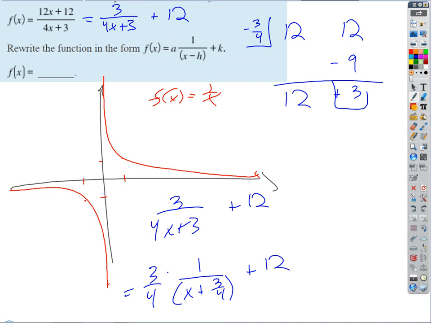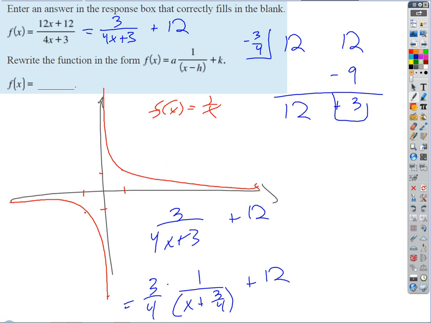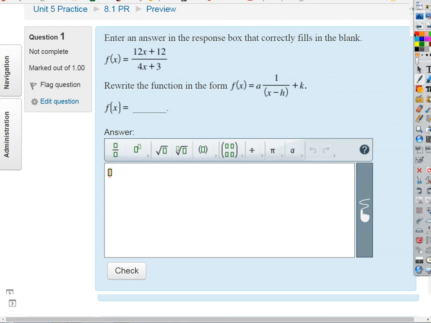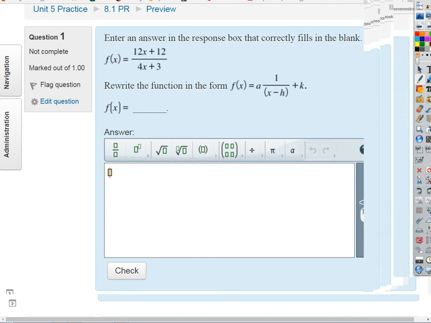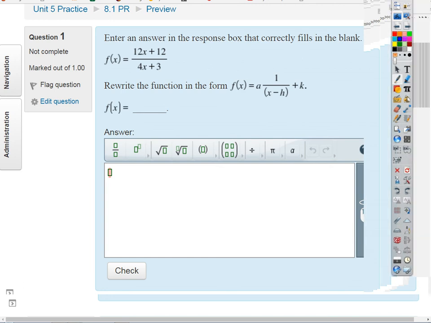I might tweak those problems so they end up being more like the book, where it would be something like 3x plus 6 or something on the bottom, so they work out to not have fractions for h and k. I mean, you can still do it, but I might do that. As soon as we're done here, I'll fix those. How about, what would you do with a problem like, oops.